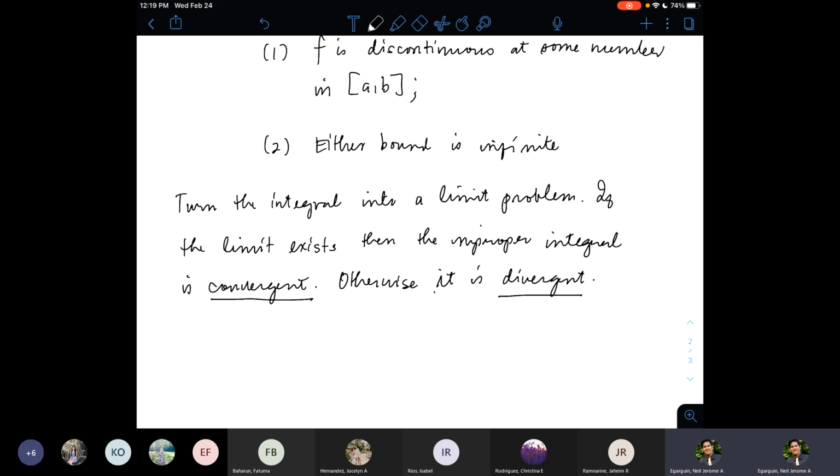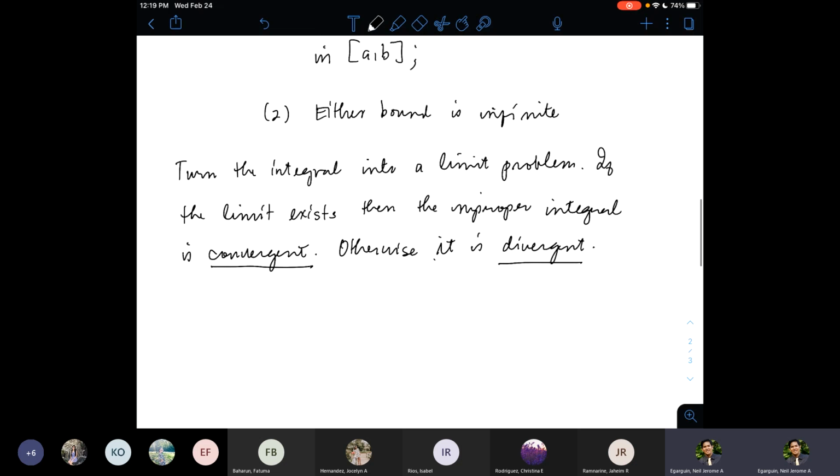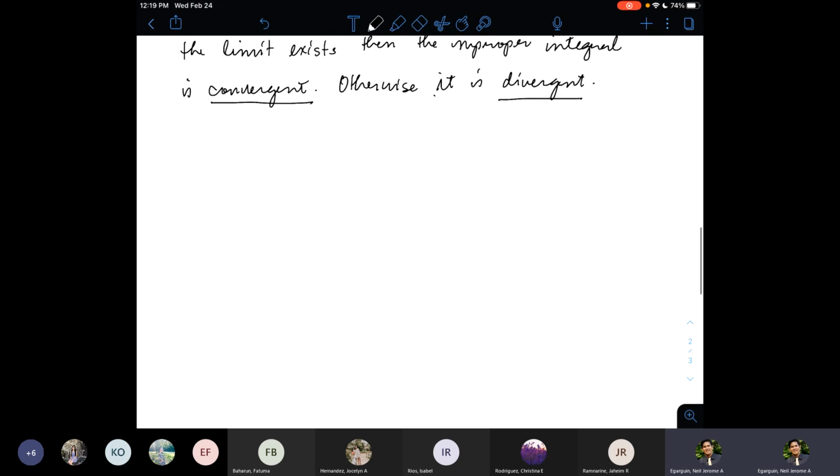So let's look at some examples so that I can explain what we mean by turning the integral into a limit problem. Let's try problem number 6. You can also let me know if you have some suggestions on what problems to solve. I have worksheet number 6. There are 30 problems in here.